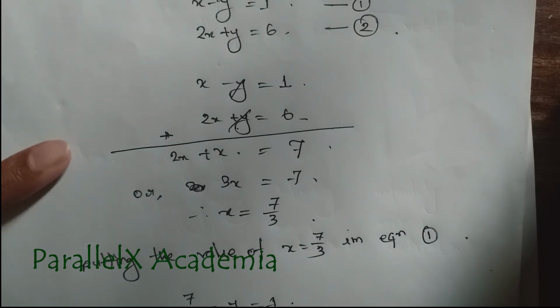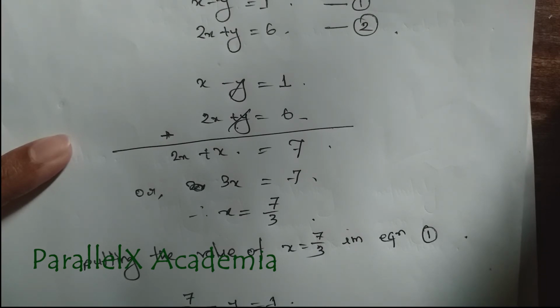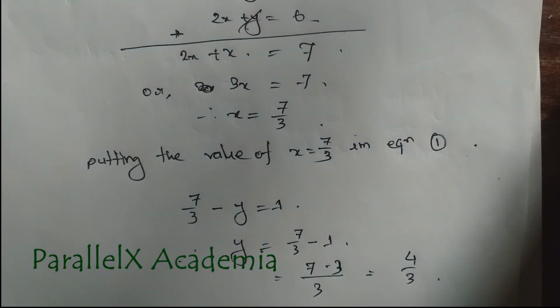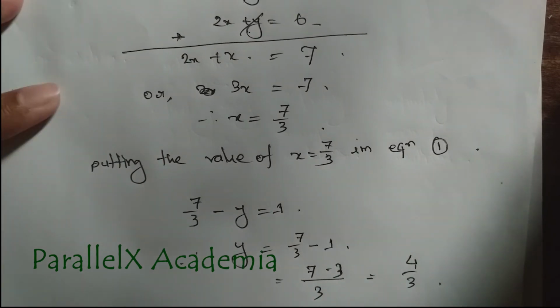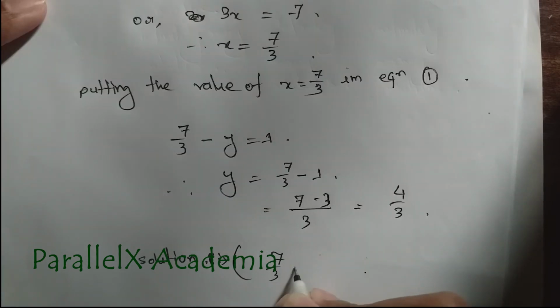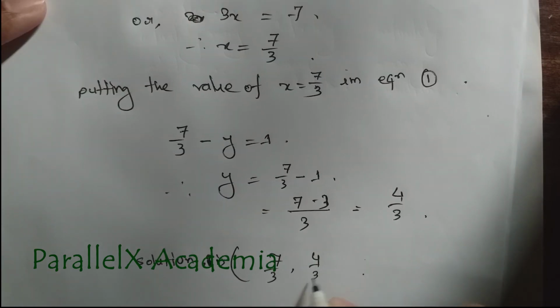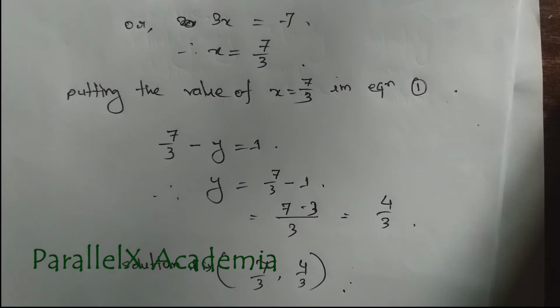Therefore y equals 7 by 3 minus 1, which results in (7 minus 3) by 3, that is 4 by 3. Therefore the solution of this linear system is (7 by 3, 4 by 3). Alright, so this is the solution.